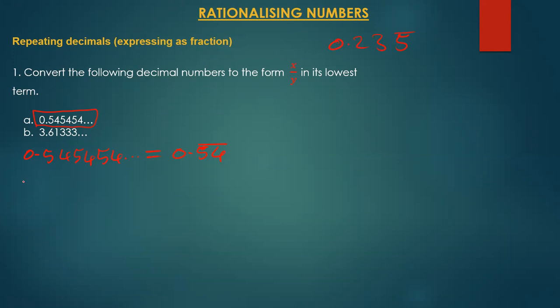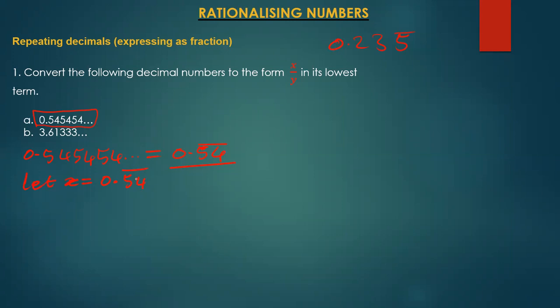The first thing you do is say let this same repeating number that you've been given be equal to a certain variable. So I'm going to say let x be equal to 0.54 bar. The next step is moving the point closer to the repeating numbers, but in this case it's already close, so there is no need.